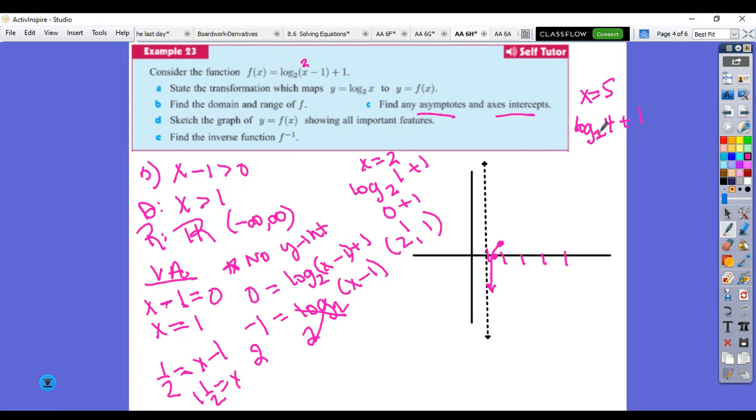Well, log base 2 of 4 is log base 2 of 2 squared. So this cancels, and 2 plus 1 is 3.